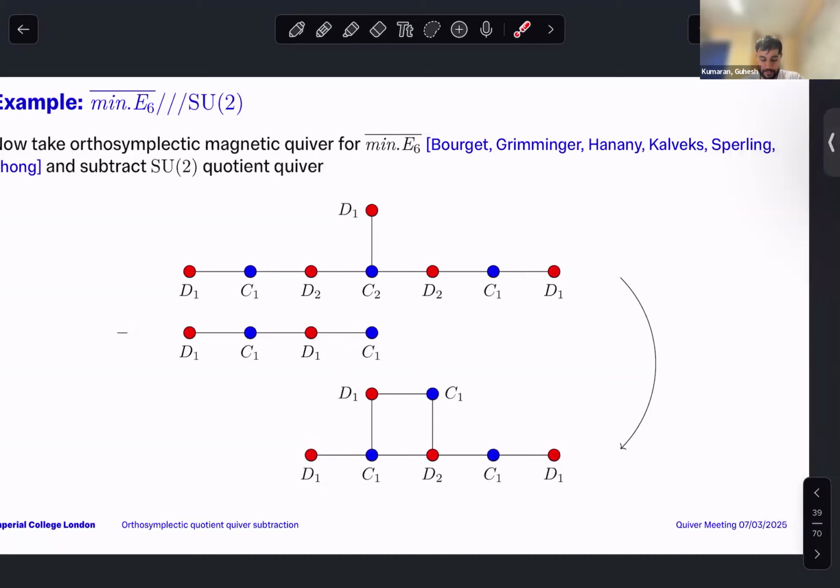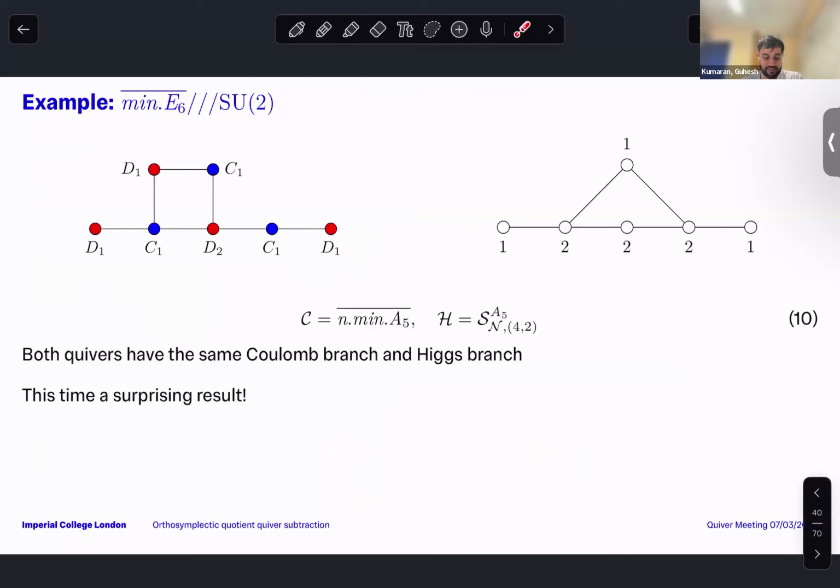Okay. And then again, I find success because the Coulomb branch and the Higgs branch of both of these quivers here are the same. And this is a bit more surprising because I don't have any other construction which would indicate that this is the case. So I found some doppelganger for these guys.